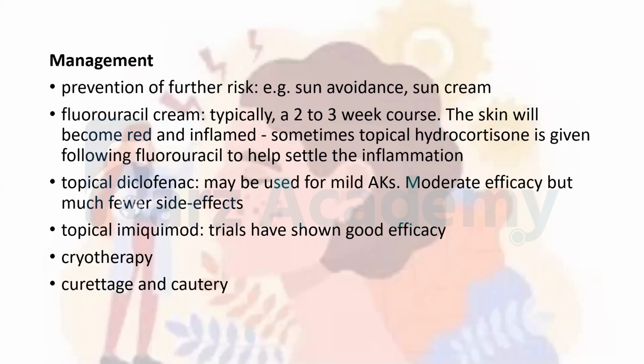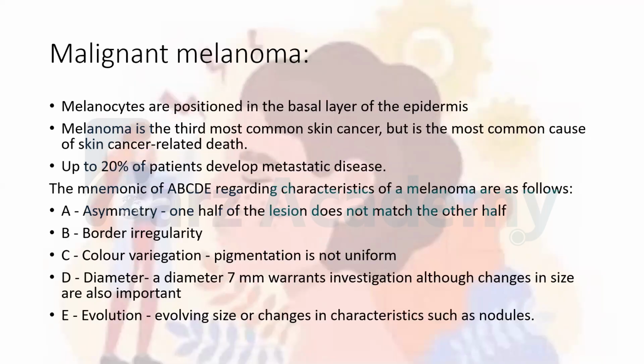Next, topical diclofenac can be used for mild actinic keratosis, with moderate efficacy, but it has far fewer side effects compared to the fluorouracil cream. Next is topical imiquimod, which can also be used. And if we are planning to excise the lesion, cryotherapy, curettage, or cauterization can be done.